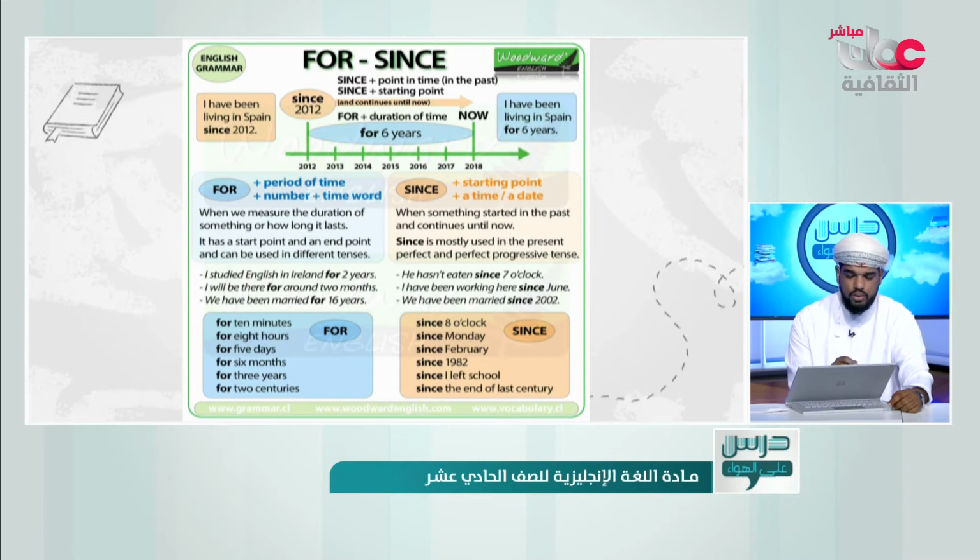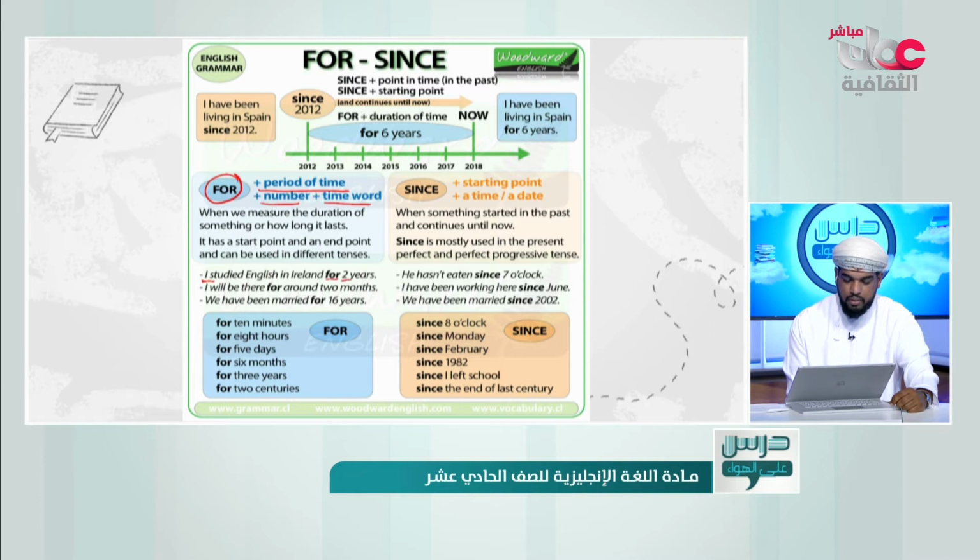So we use for when we have a period of time, a duration of time, or when we have a number plus a time word. For example, I studied English in Ireland for 2 years.